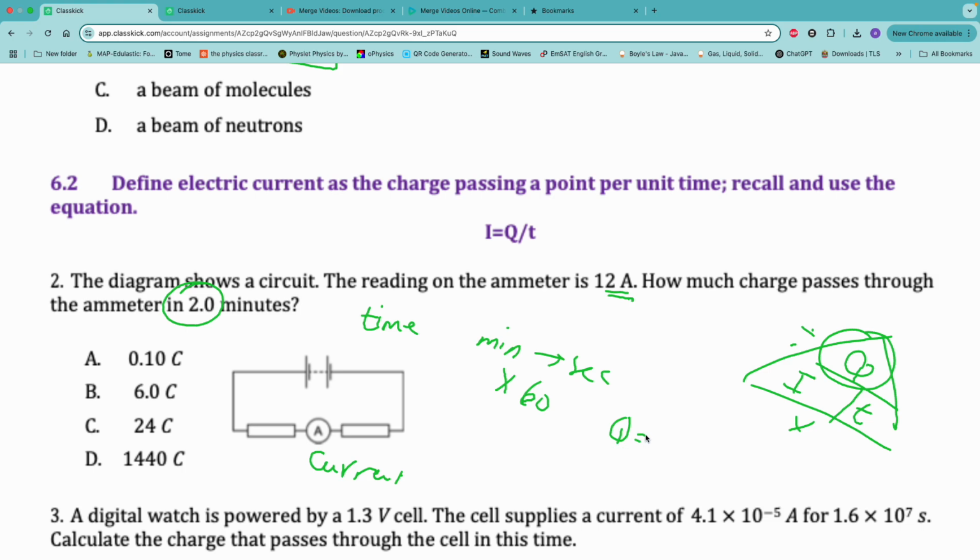So I times T, I is 12, T is 20 times 60, it gives 1440 coulombs.